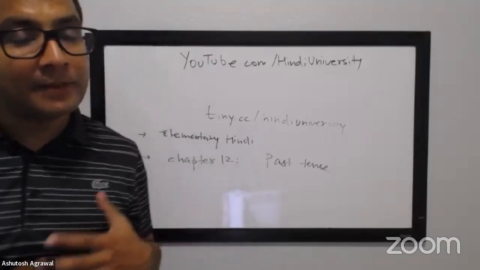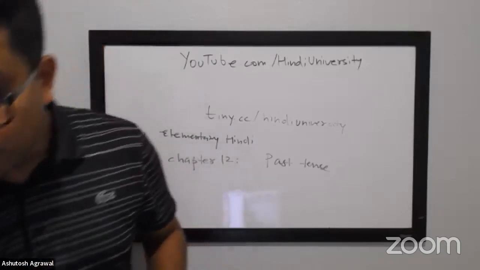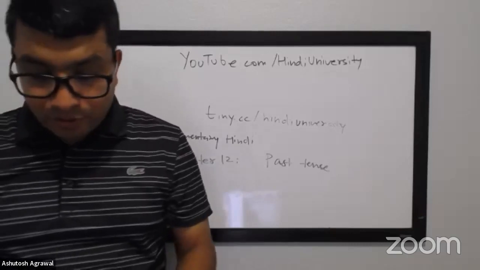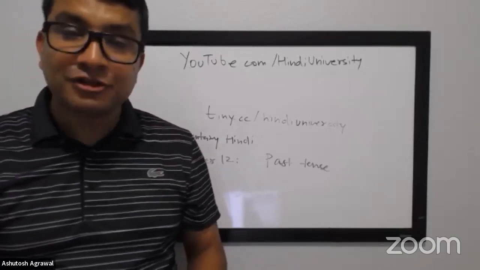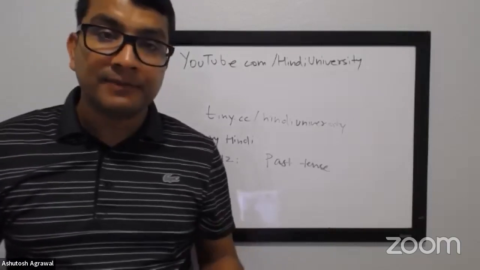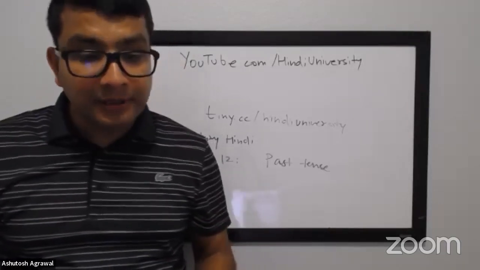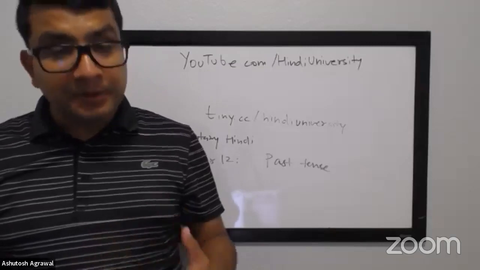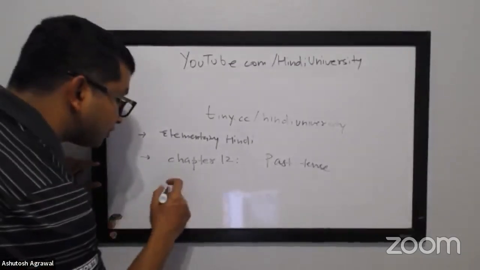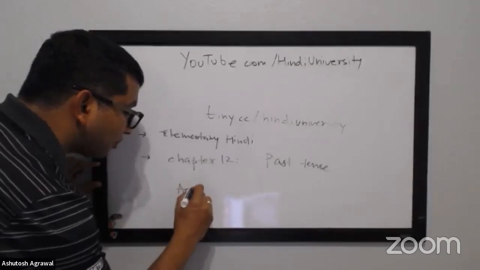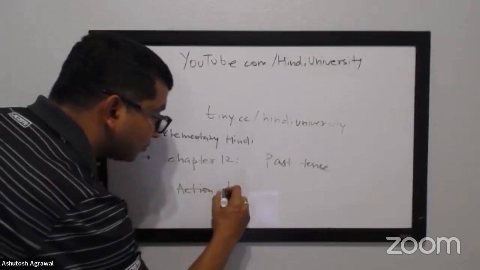Basically, the idea of the habitual past tense is that you mention that the actions took place at a particular time, that you used to do it as a habit. But the simple past tense is basically when you just talk about the action that took place.